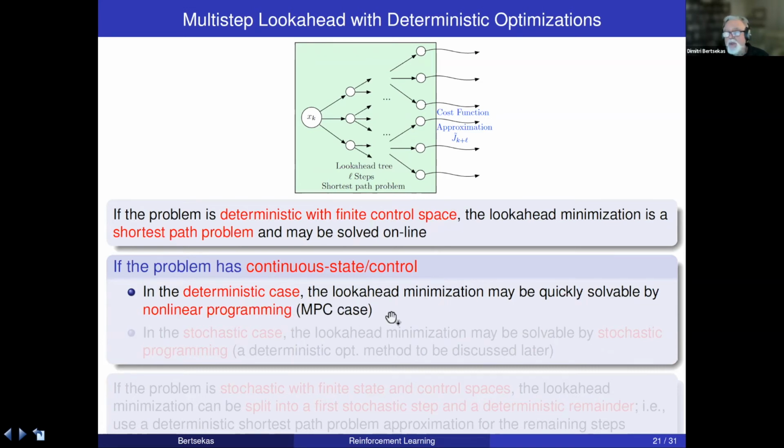And in model predictive control, that's an important issue. How do you choose the L-step ahead minimization method so that you can do the online calculations in time, taking into account the real-time constraints of the problem?